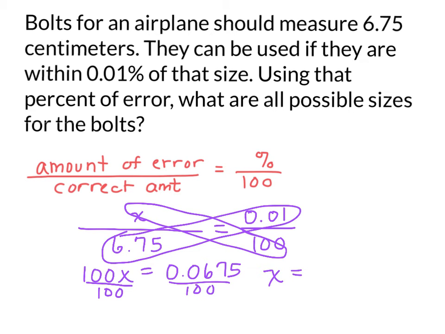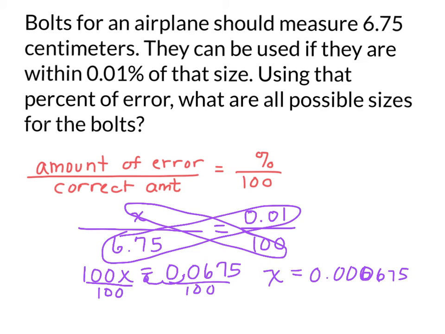That 0.0675 divided by 100 is 0.000675. So I move that decimal 2 places.